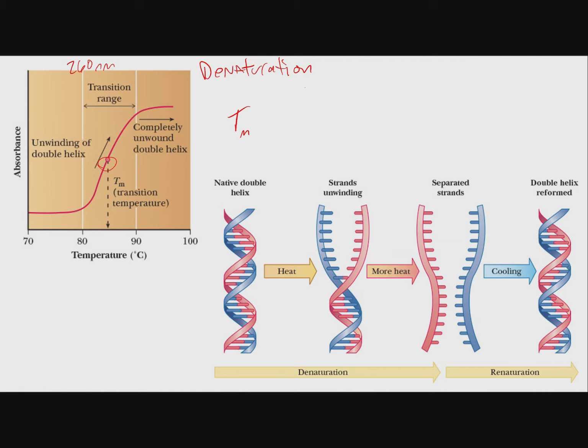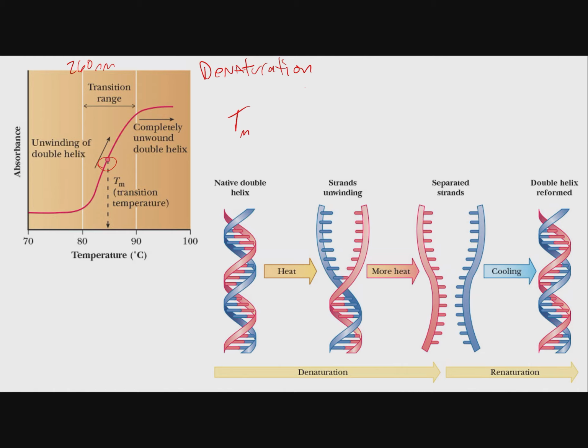As the DNA unwinds, the absorption doesn't change, but the amount of light absorbed changes. Where we had one double helix, it unwinds, and so we've got twice as many strands, so it absorbs more. They can plot the temperature versus absorbance, and they can find a midpoint or a transition point.